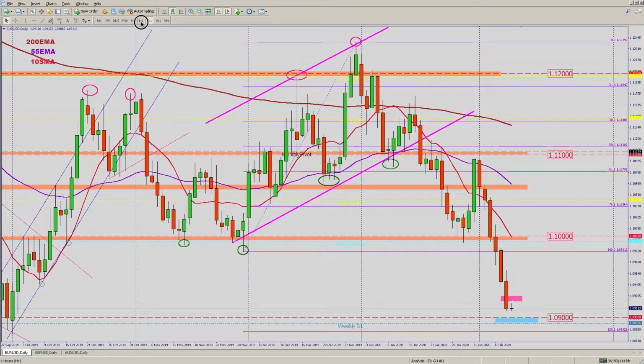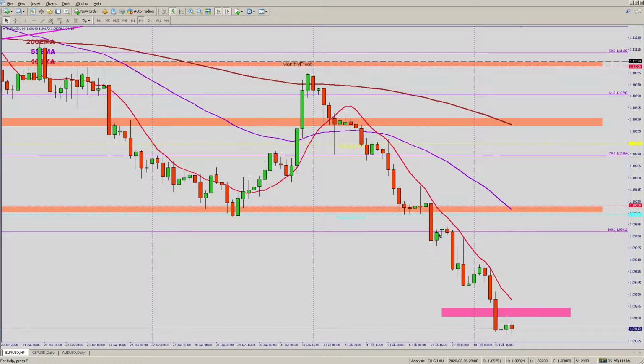Alright, let's take a look at the 4-hour time frame, and you can see that the intermediate support has been breached. It may now come up to retest this area before continuing its bearish trend in the short term.